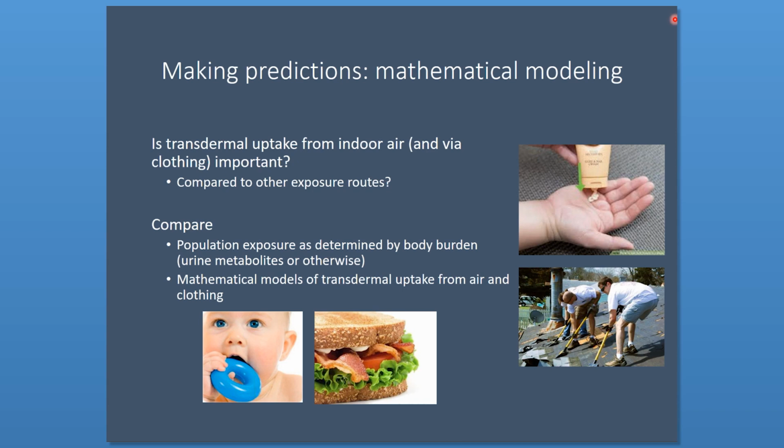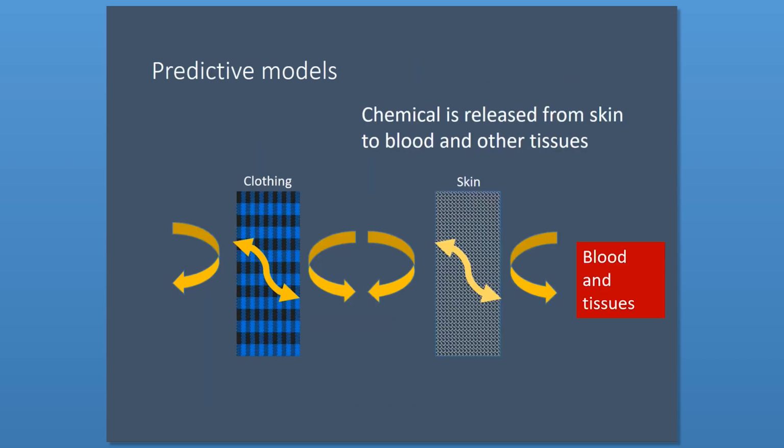So the way we can do this is we can try to develop mathematical models of the uptake by our clothing and bare skin pathways from indoor air, and compare it to the total body burden in the population.